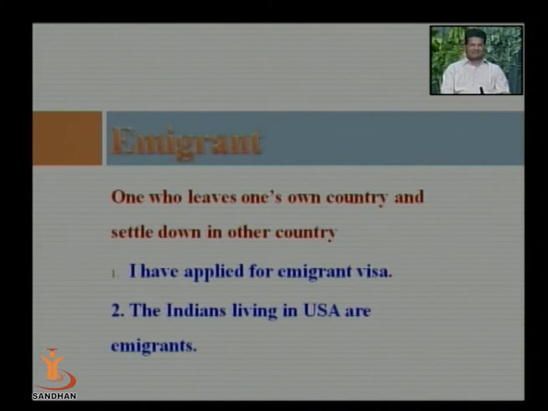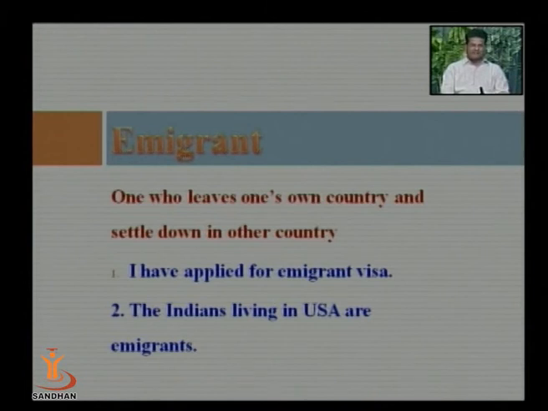The first word of the first pair is emigrant. One who leaves one's own country and settles down in another country. Suppose one leaves India and settles down in America, he'll be called an emigrant.